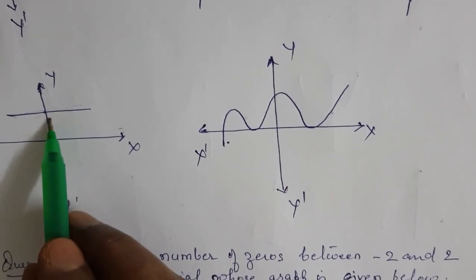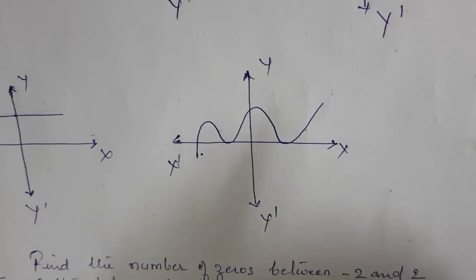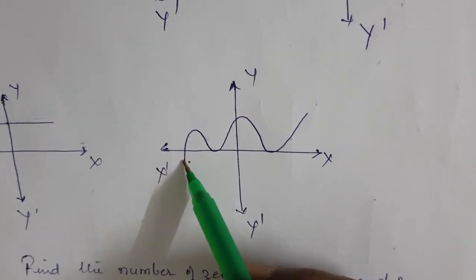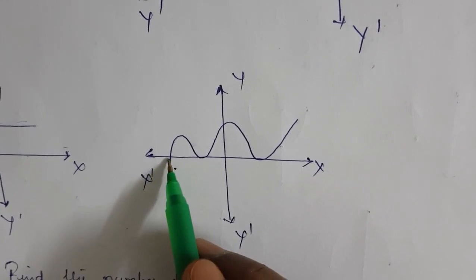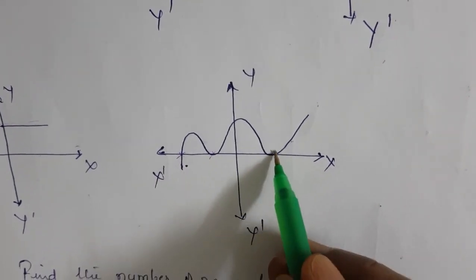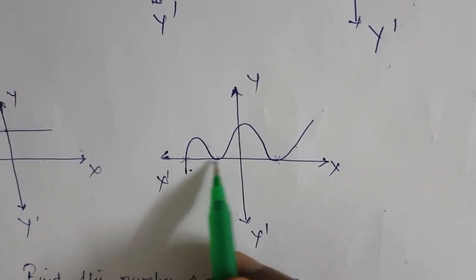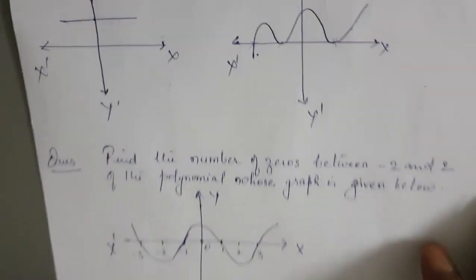So the number of zeros is 0, Z-E-R-O, 0. Now, here, this graph is crossing the x-axis, touching here as well as here. So, how many zeros will be there? 1, 2 and 3.